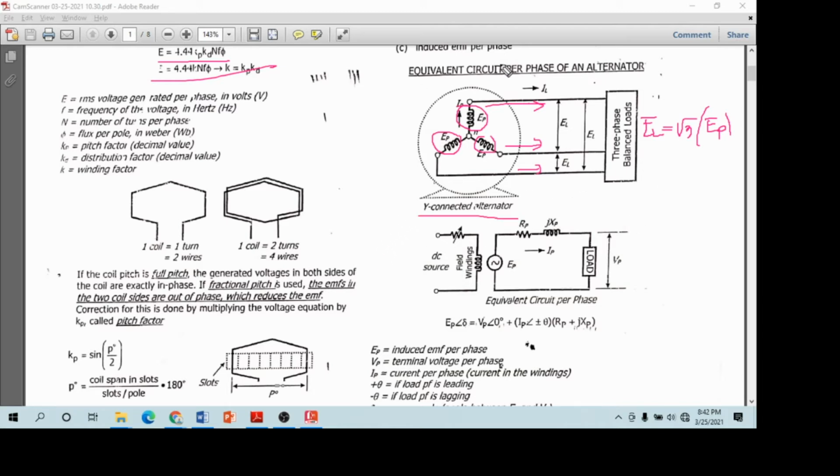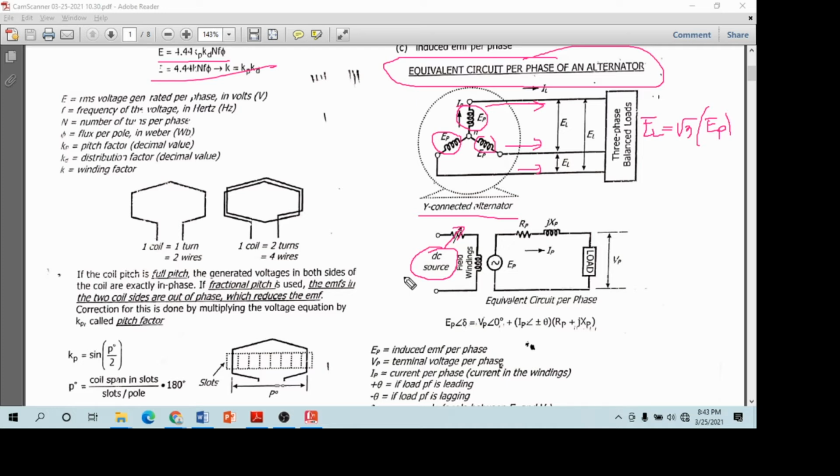Now, the equivalent circuit per phase is this one. As I said, the field winding is supplied by a DC generator, a DC source. It is controlled by a rheostat or whatever controls the amount of current that flows in the field winding, so that you can control the amount of flux delivered to the winding.